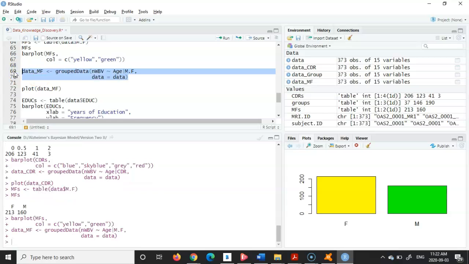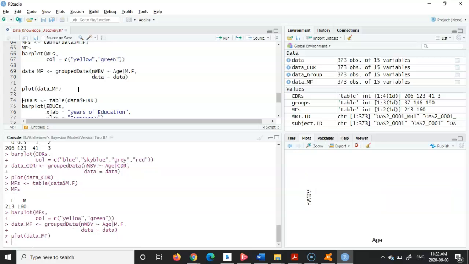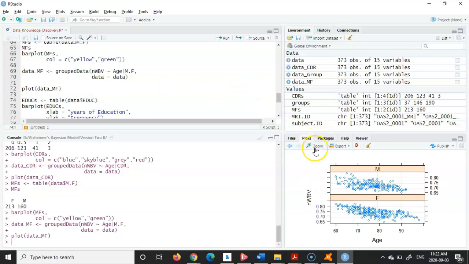I'm just going to execute the line. You see the object in the global environment is created with the same dimension as our raw data sets. You're going to see the usefulness of grouping those data when I'm plotting the same object.